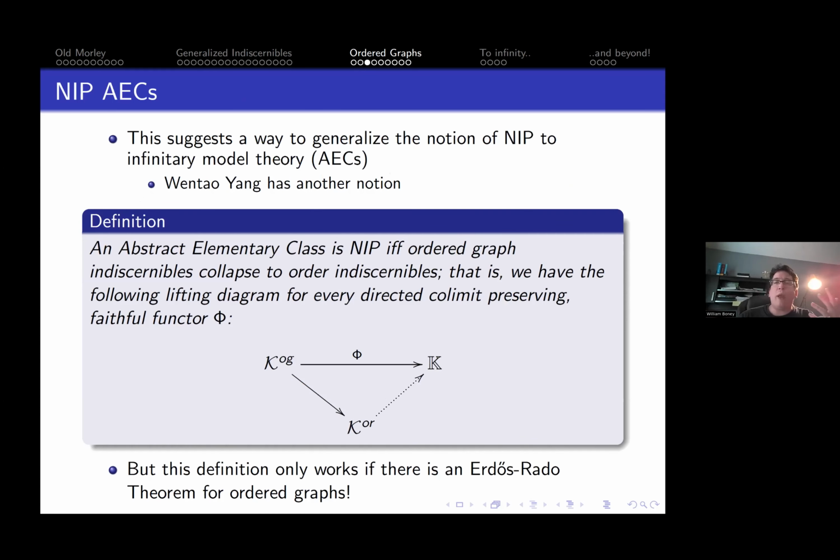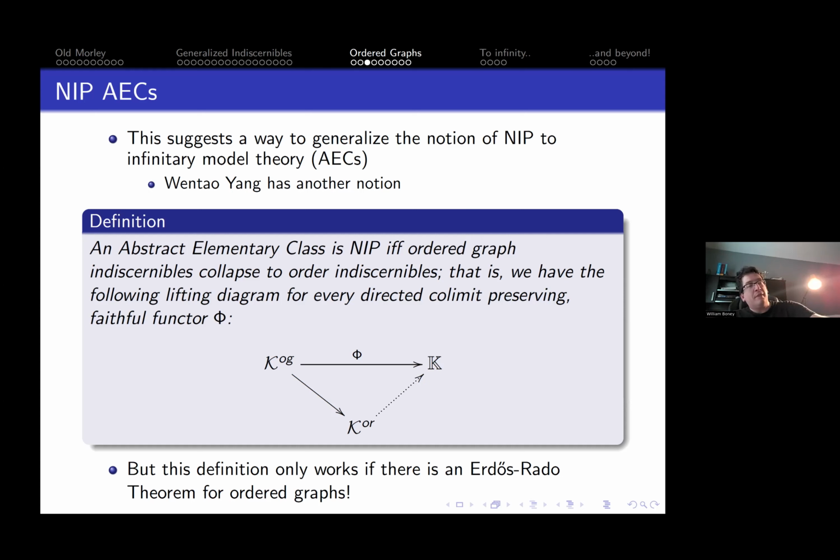And so it suggests a way to generalize the notion of NIP to AECs: you use the same kind of indiscernible collapse. I call K NIP if every ordered graph indiscernible factors through a linear order indiscernible. And Wentao Yang has some other notion that's more local, more in the style of counting types.